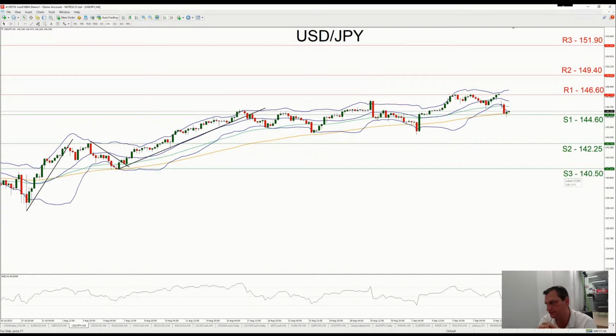We had a drop of USD/JPY from the 146.60 all the way down to the 144.60. We're talking about a drop of around 200 pips.